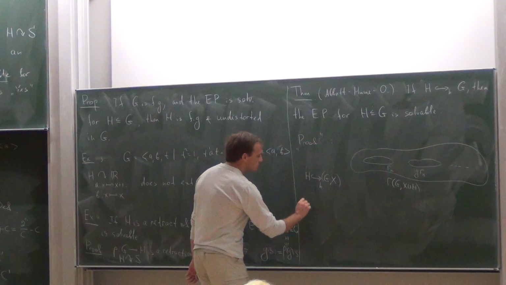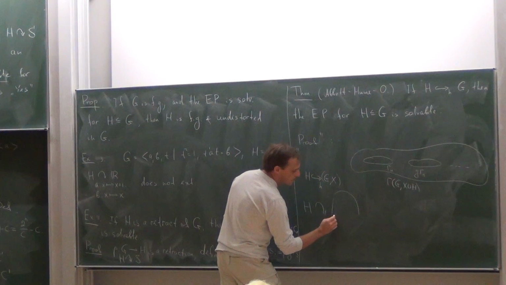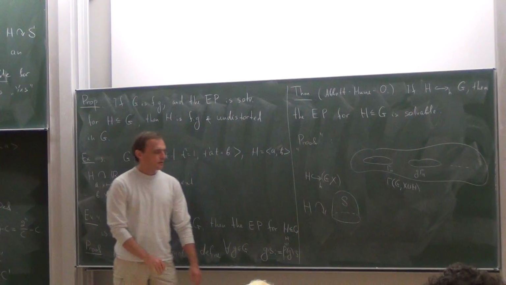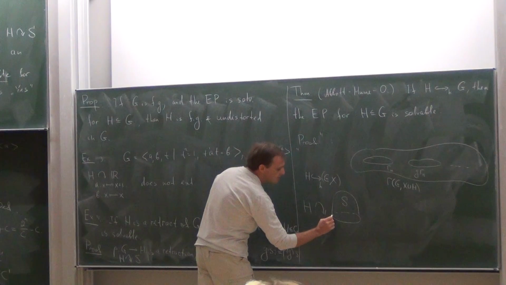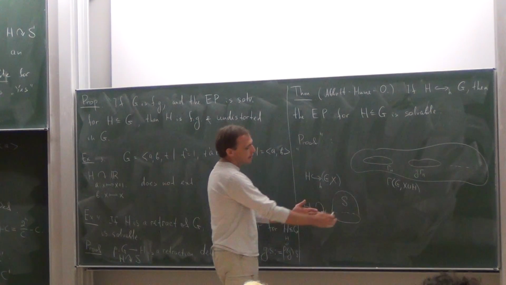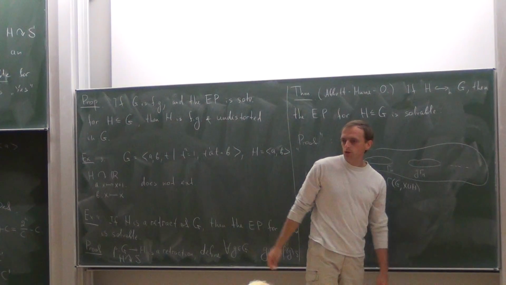And we also have an action of H on some metric space. So this is my metric space S. So now I fix a base point in my metric space, let's call it b. And I take this metric space and glue a copy of this metric space to each coset.